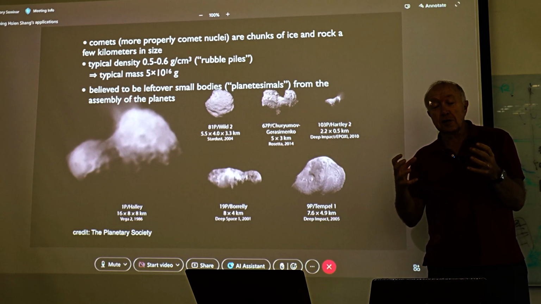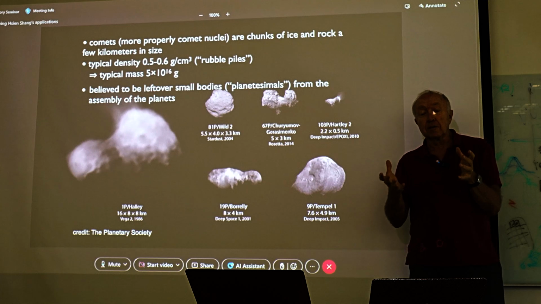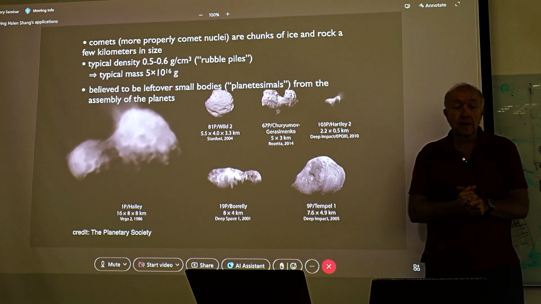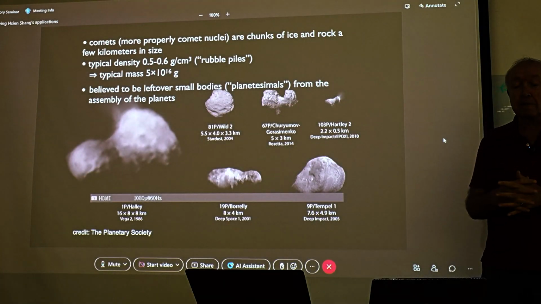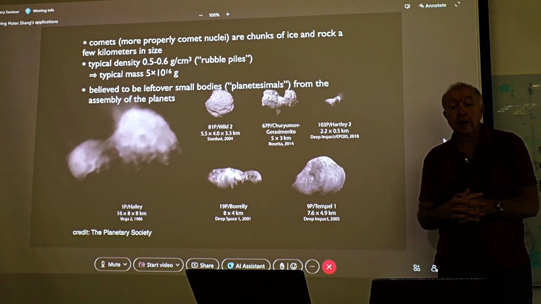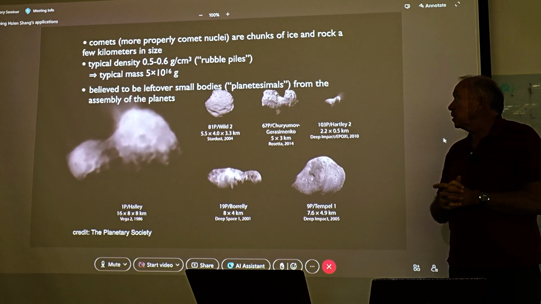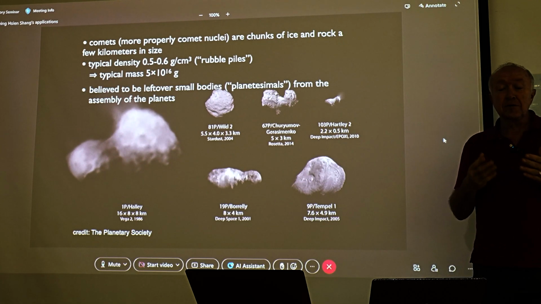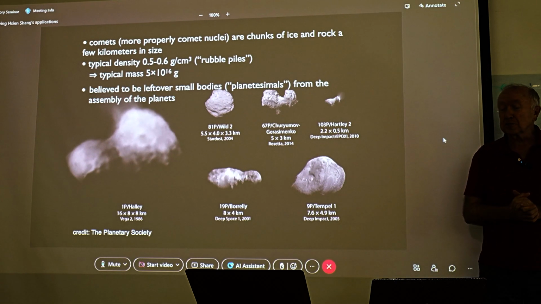That is, they're just accumulations of chunks of ice and rock with large amounts of vacant space inside. The typical mass of a comet, given the density and the size, is a few times 10 to the 16 grams. And they're believed to be leftover small bodies, sometimes called planetesimals, from the assembly of the planets in the outer parts of the solar system.